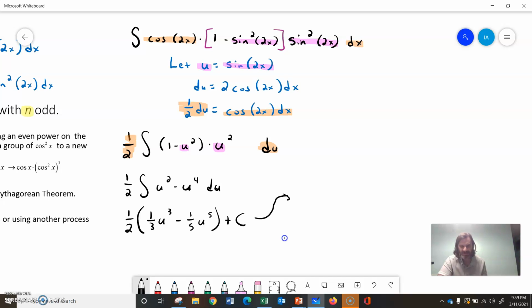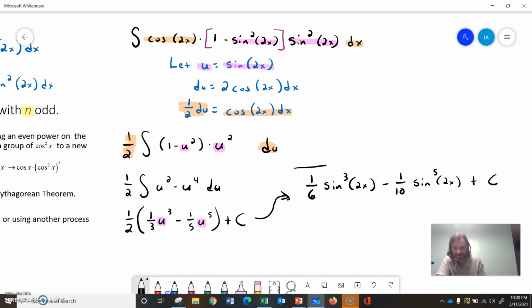But let's take it back to x, which means all our u's are going to be sine 2x. So we're going to have 1/6, distributing the 1/2, so 1/6 sine cubed of 2x minus 1/10 sine to the 5th 2x plus c.